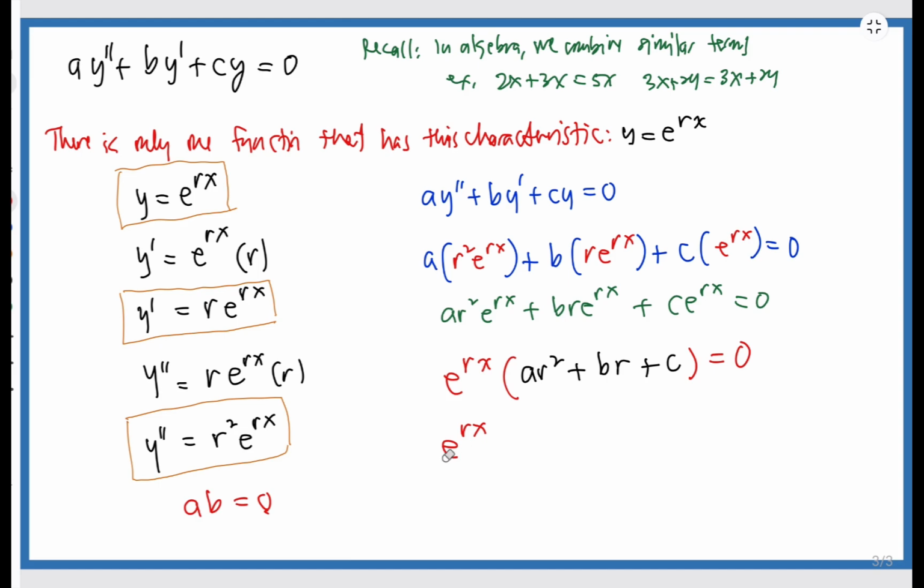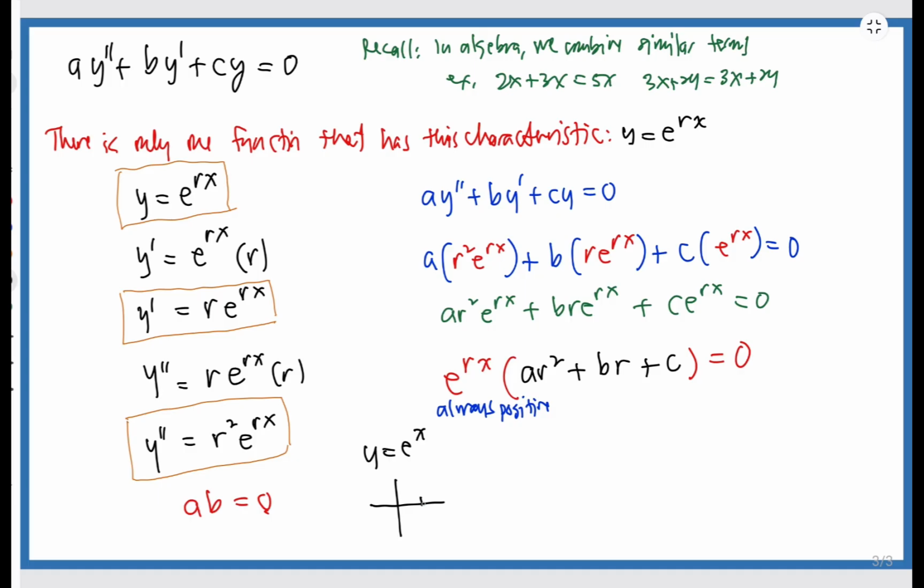Why is it always positive? Because if we graph it, look at the graph of y equals e to the x. When x is 0, what is e to the 0? 1.